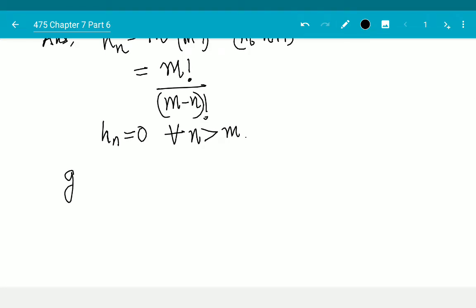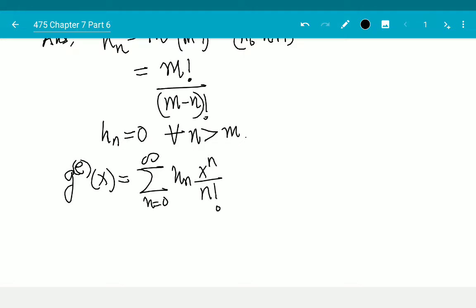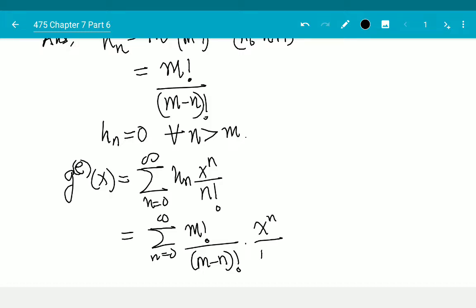So my exponential generating function g_e of x is equal to summation n equal to 0 to infinity of h_n x to the n over n factorial, which is equal to summation of m factorial over m minus n factorial times x to the n over n factorial.